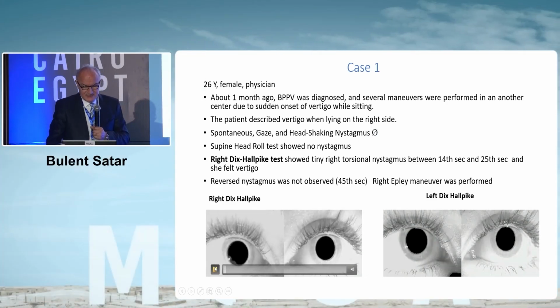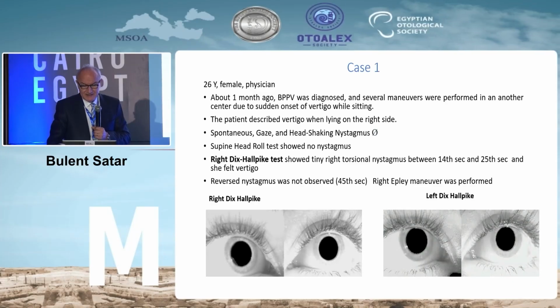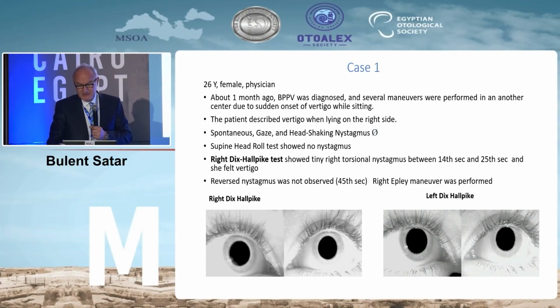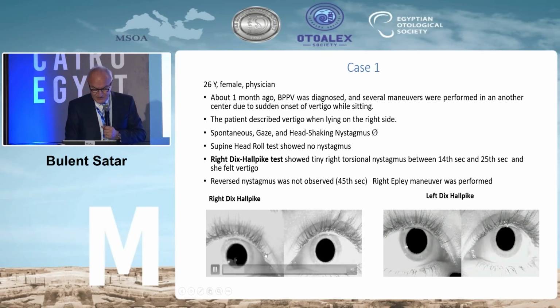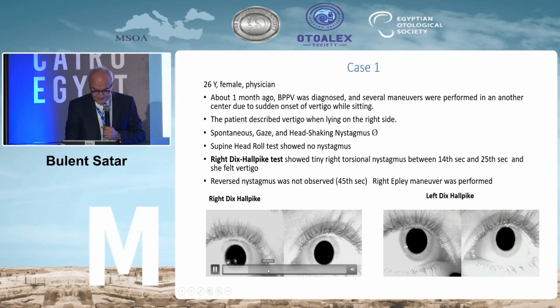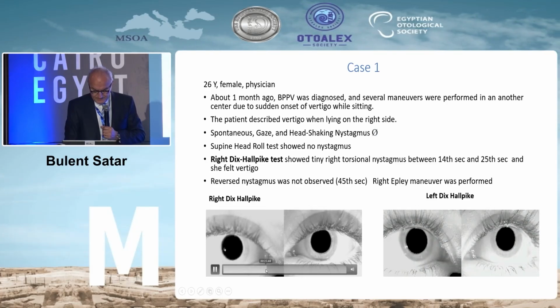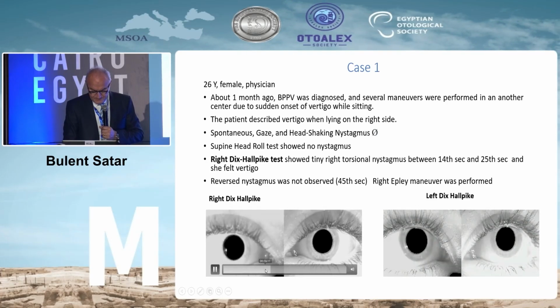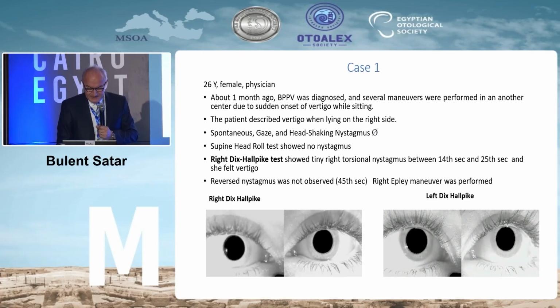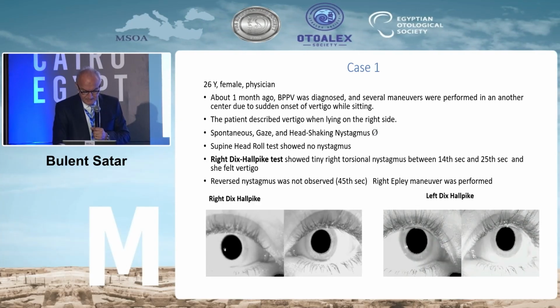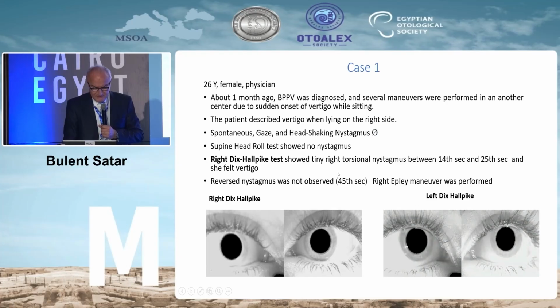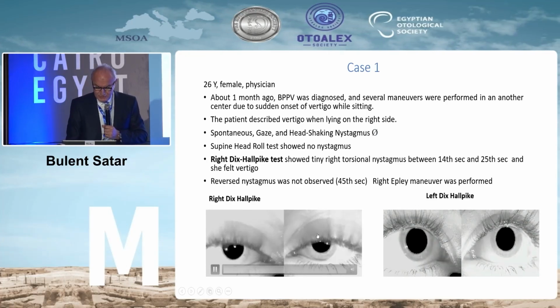The right Dix-Hallpike test showed tiny right torsional nystagmus between 14 and 25 seconds, and she felt vertigo. Very tiny upbeating, right torsional, and reverse nystagmus was not observed.